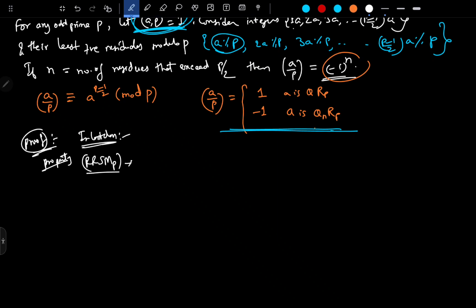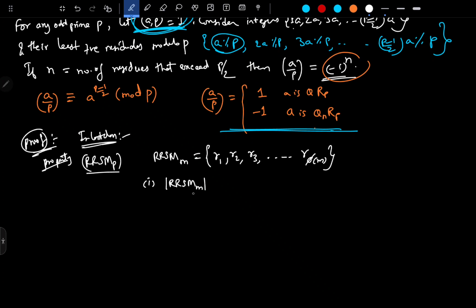Let's say RRSM of m, where m is some random number that can be anything, positive, composite or prime. I have all these values, up to phi of m. It is the rule, just remember that.